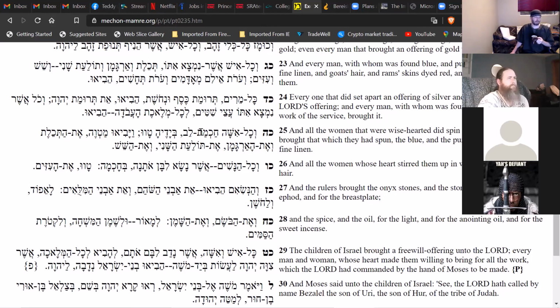So the tau ending is for women. So if it's just wisdom in the general sense, it would end with hey. In this case, it's female that's being referred to, so it changes to the letter tau. So they are wise in heart. These are people that are really great with their hands, they're knowledgeable, and they're engaged with working with the loom, weaving.